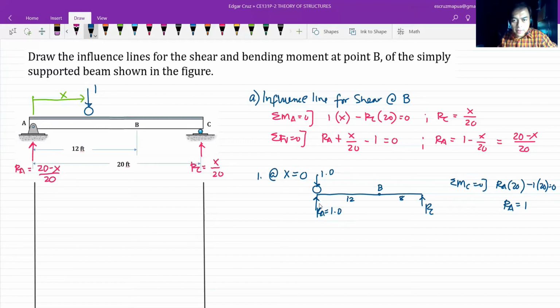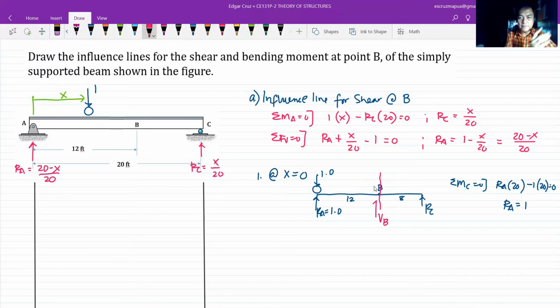If that is the reaction at A when x is equal to 0, what would be the shear at point B? How do we get the shear at point B? We cut the section, and the shear at B comes out there.